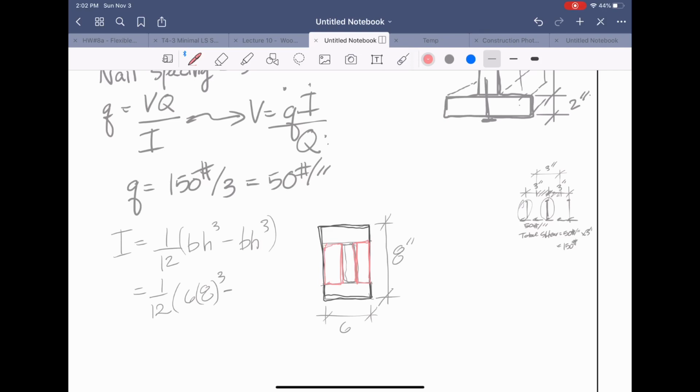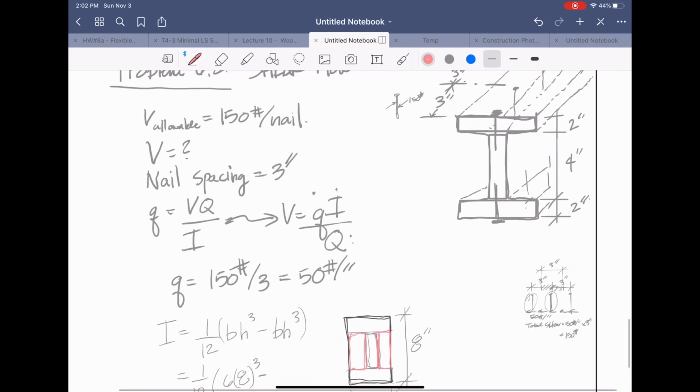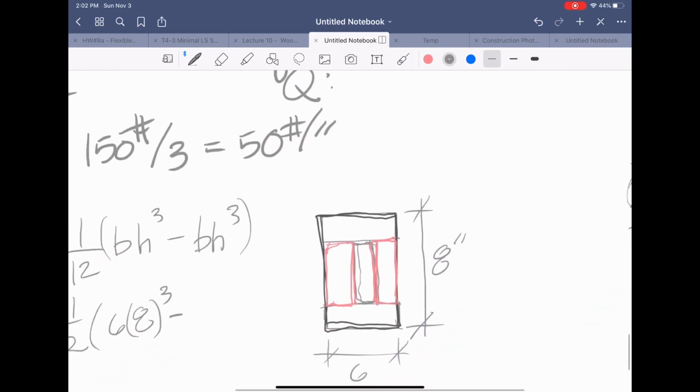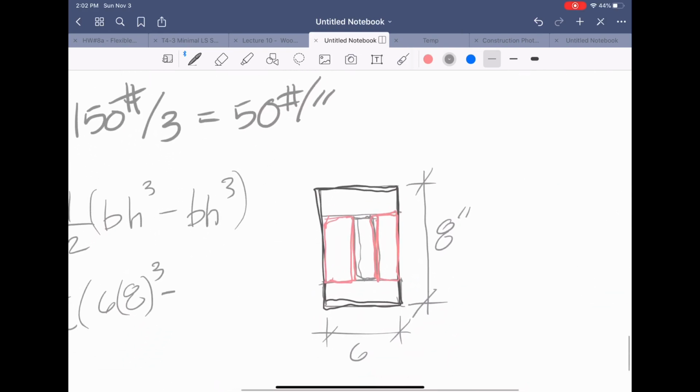So that's what I missed out on the dimension. That's 2 inches. So if we know that the total is 6 and this is 2 inches, hold on, let's see, this is 2 inches here.